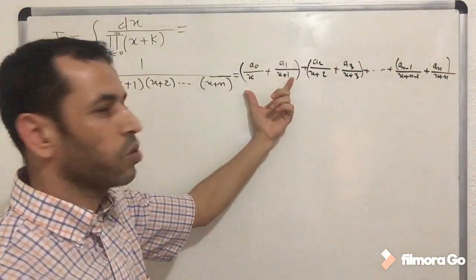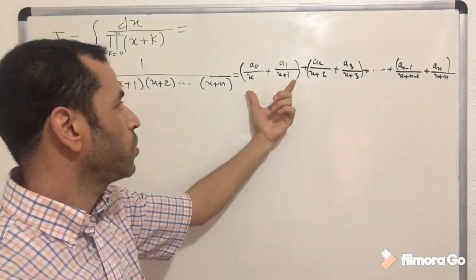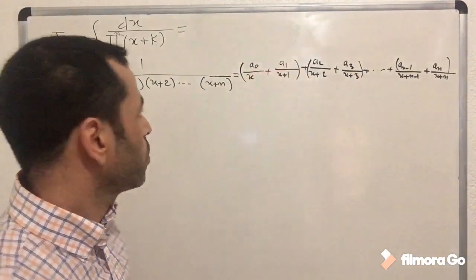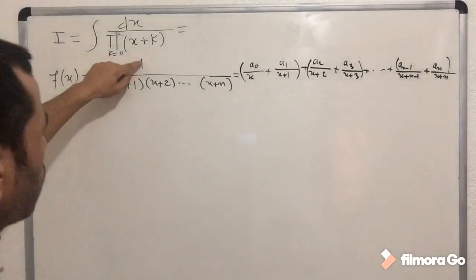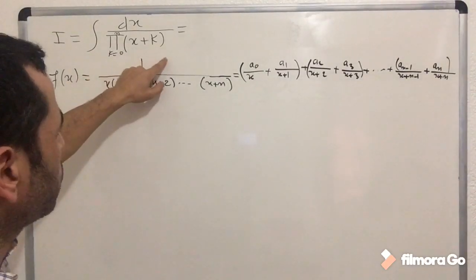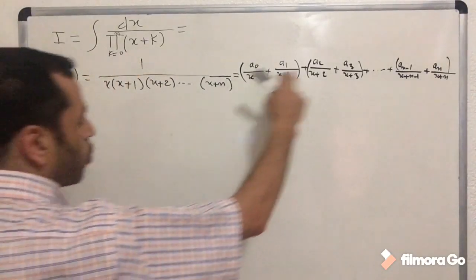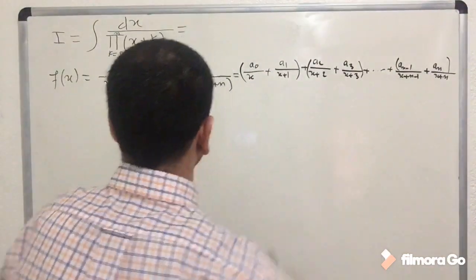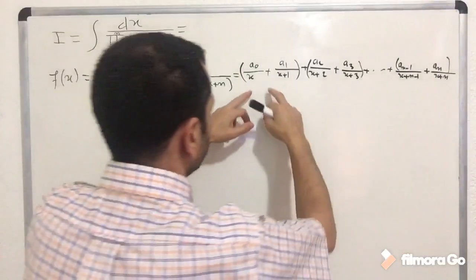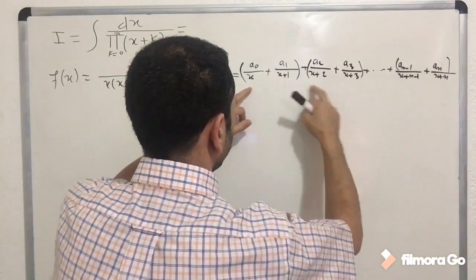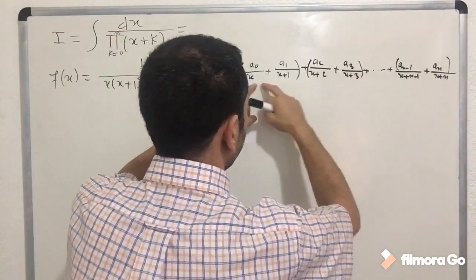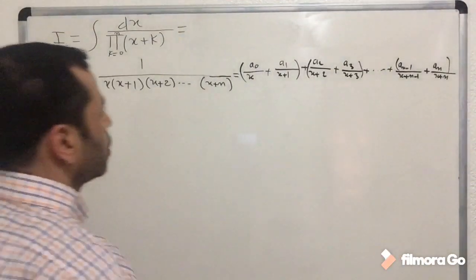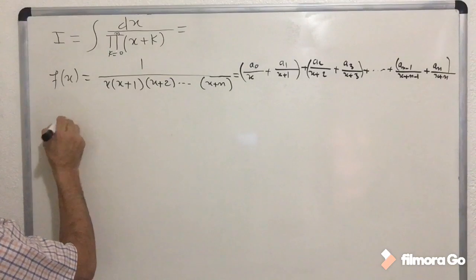If you have only two terms, it will be easier to find a0 and a1. But remember, the number 1 has to be on the top, for the whole thing has to be 1. On the bottom, the denominator has to be the product of all these terms, x, x plus 1, x plus 2, as you see here.